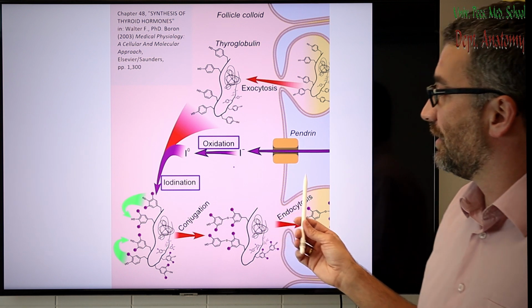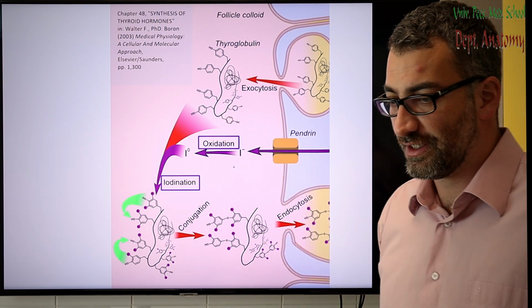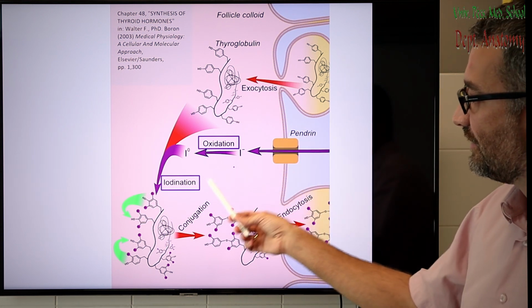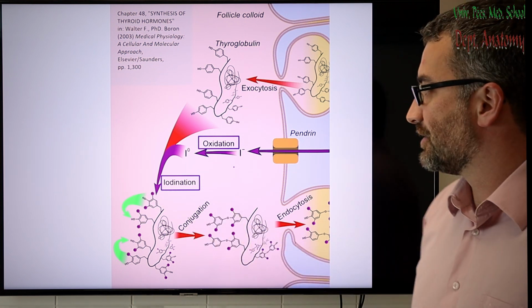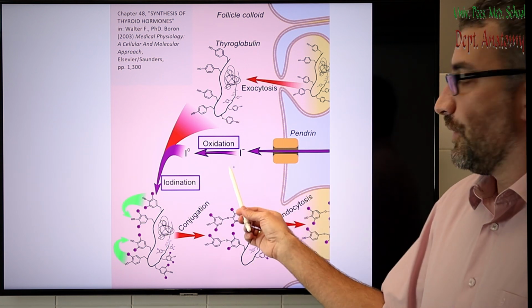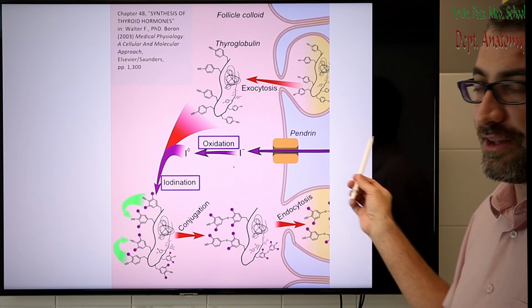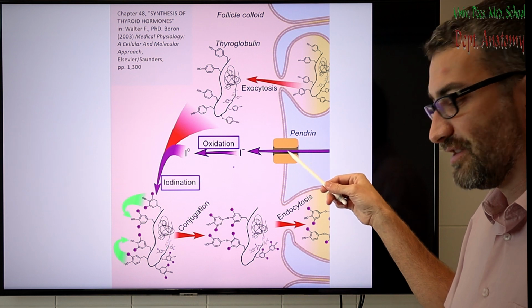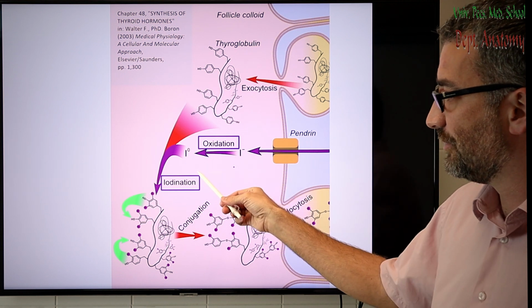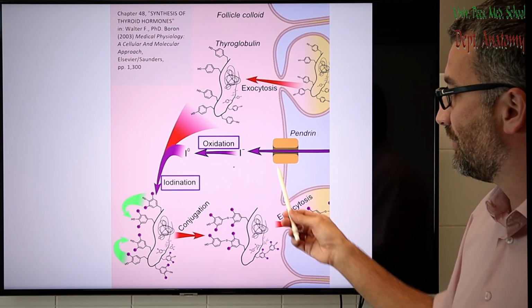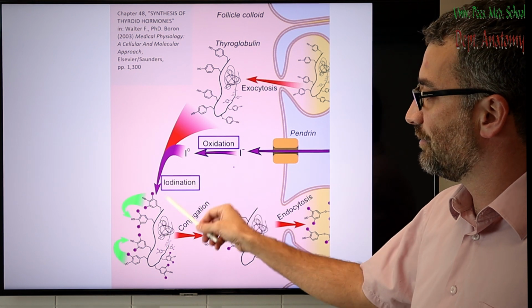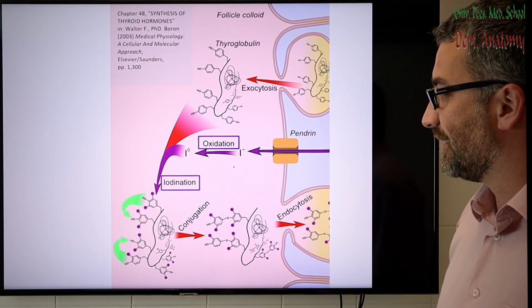This protein is very rich in tyrosine amino acids, and these amino acids will undergo an oxidative reaction or a chemical reaction with iodine, which will get into the lumen again through the follicular cells, which take up iodine ion from the blood and then secrete it into the lumen, where a redox reaction will produce the atomic iodine, and that will be conjugated to the tyrosine amino acid residues.